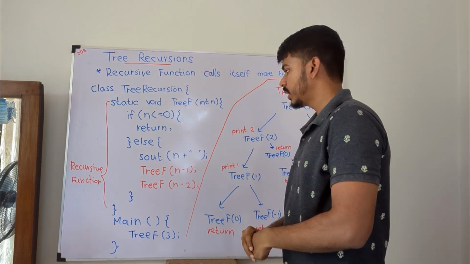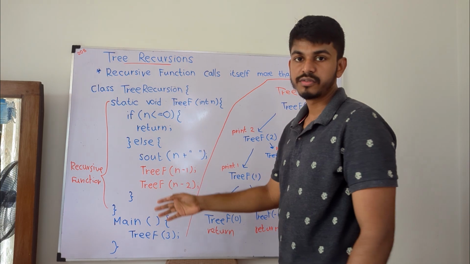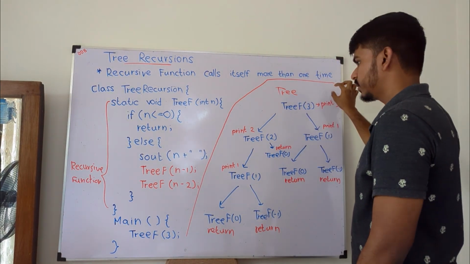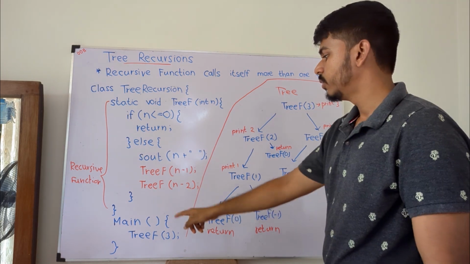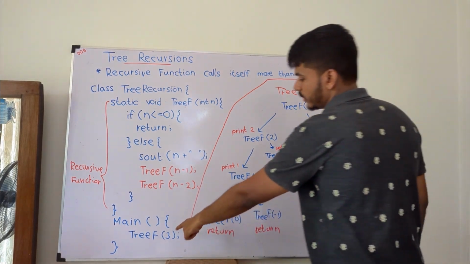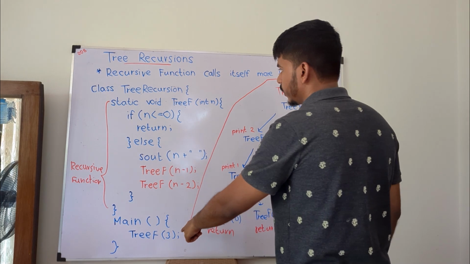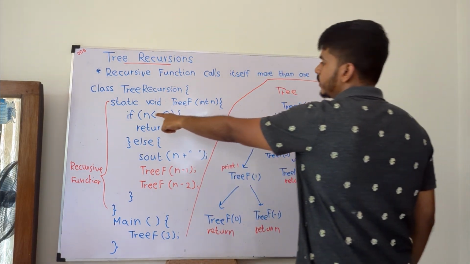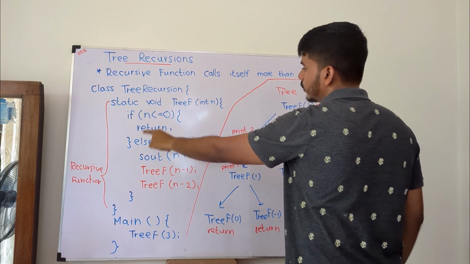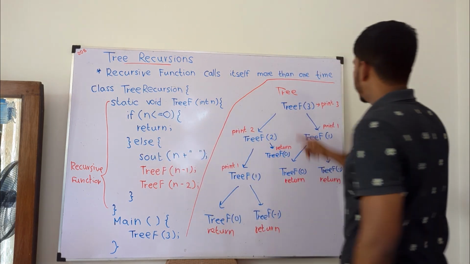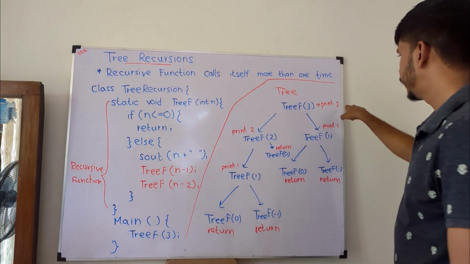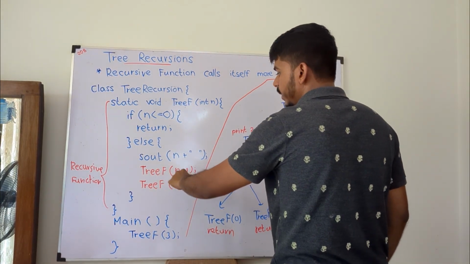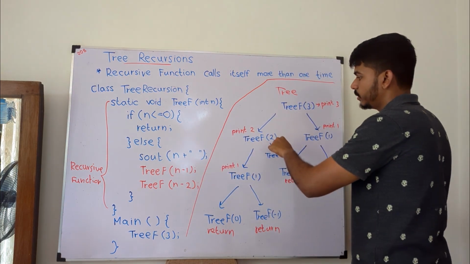So in order to understand the output of this clearly, let's look at the tree structure for this code. So first, taking an integer 3 as an argument for this treef function, checks whether 3 is less than or equal 0, no. Otherwise, print that number, printing 3, then going to go to treef n minus 1, so treef 2.